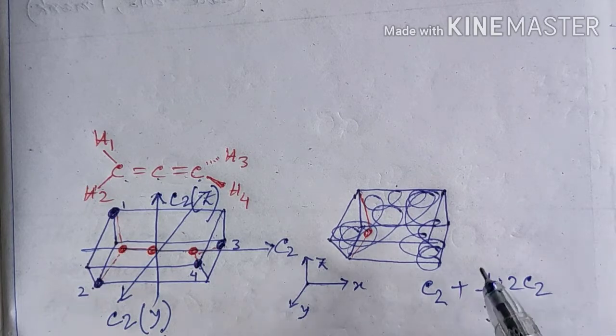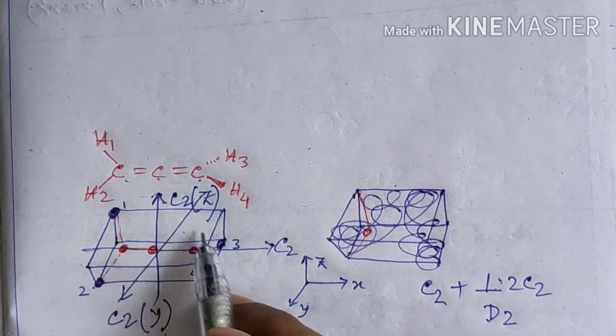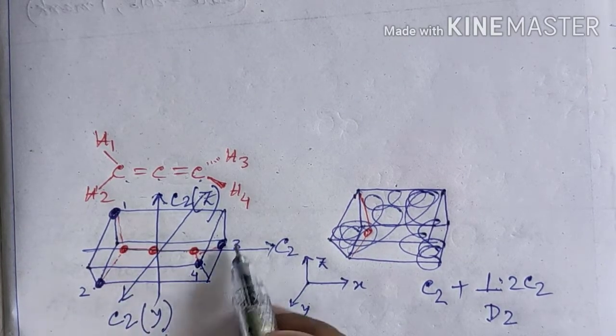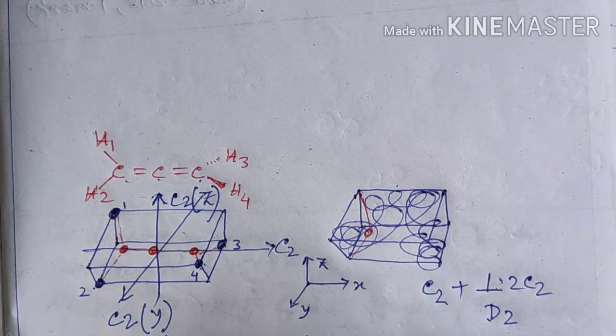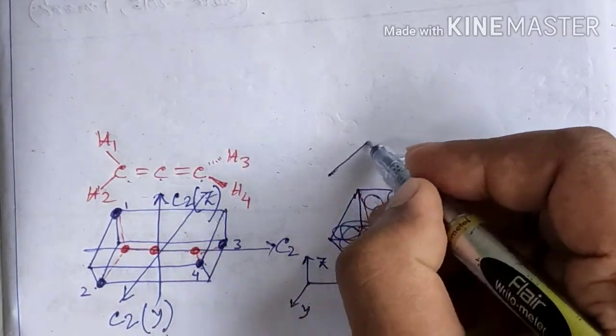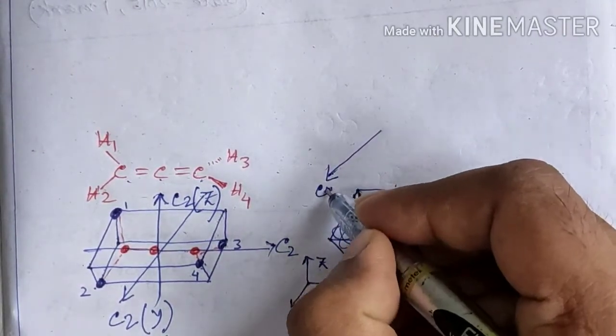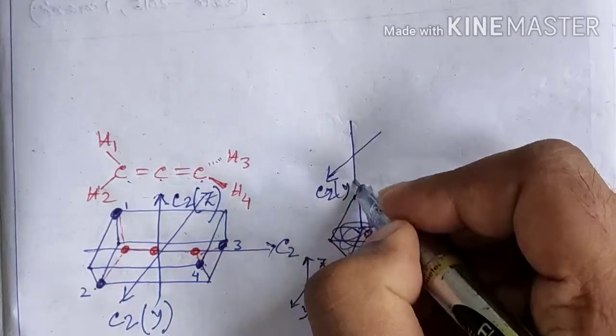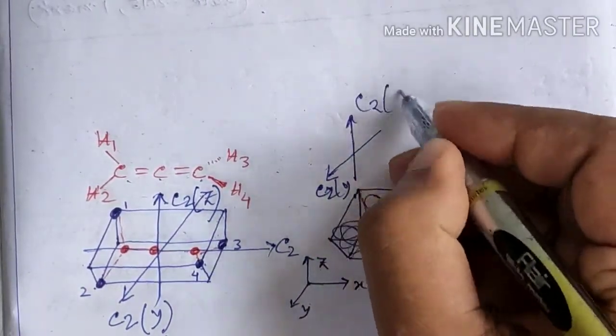Now since the structure is drawn on a two-dimensional page, it is difficult to understand, but let's try to understand that this is C2 along the y-axis and this is C2 along the z-axis.